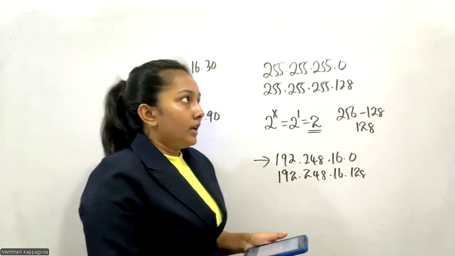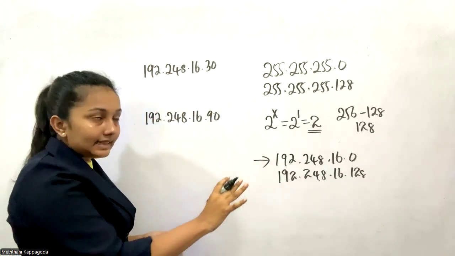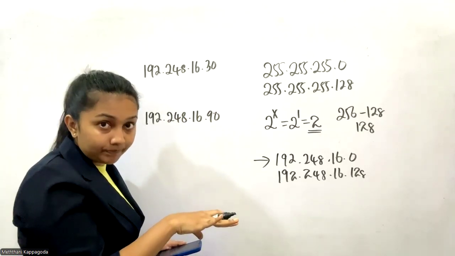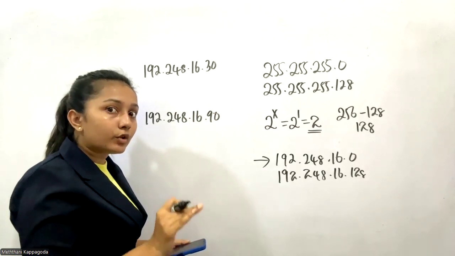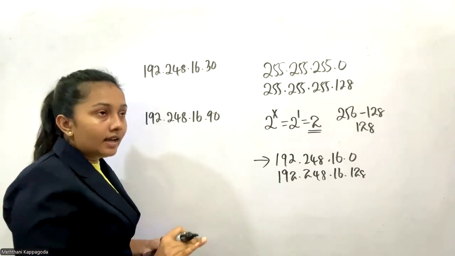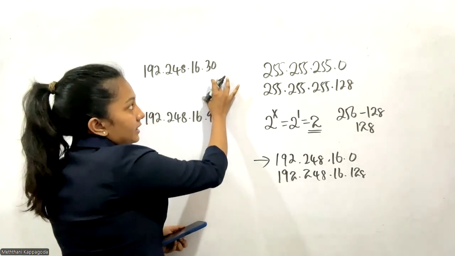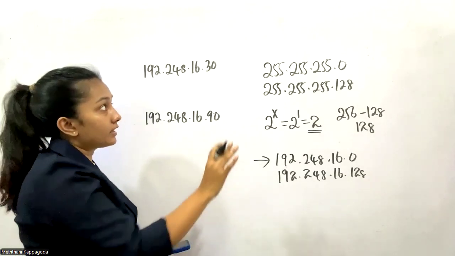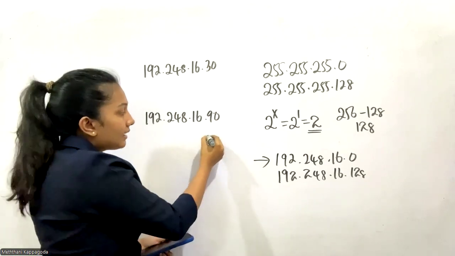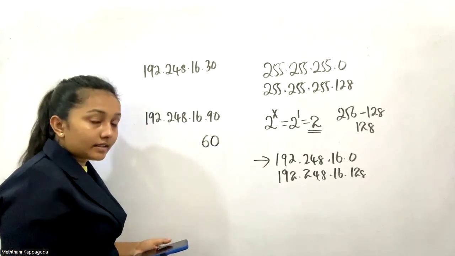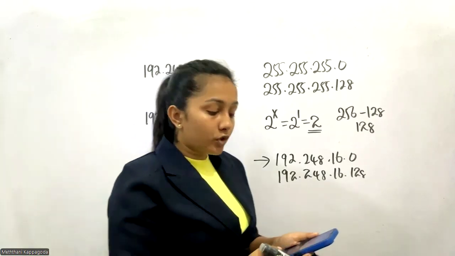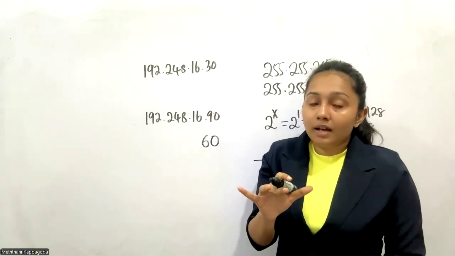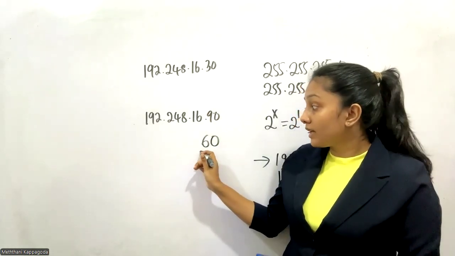In the question, they are clearly saying that these two host addresses are in the same network. If these are in the same network, you can understand that the IP addresses in this range are also in the same network. If you count the addresses from 30 to 90, there are approximately 60 addresses. So the subnet mask you select should have the capability of having 60 hosts.